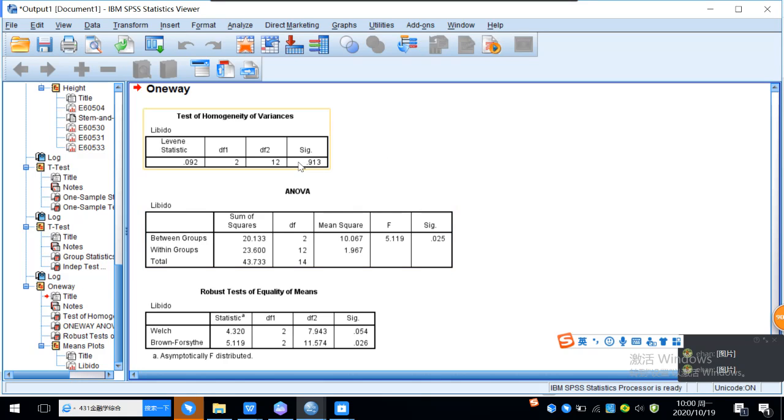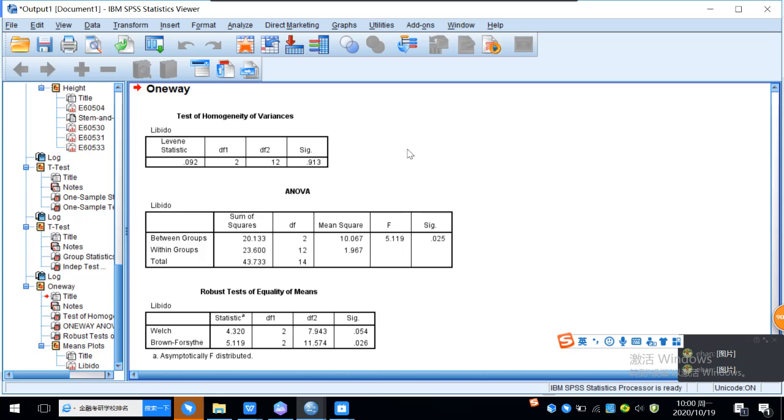So it means the homogeneity of variance is assumed, right? So that means the variance among three groups can be considered equal.